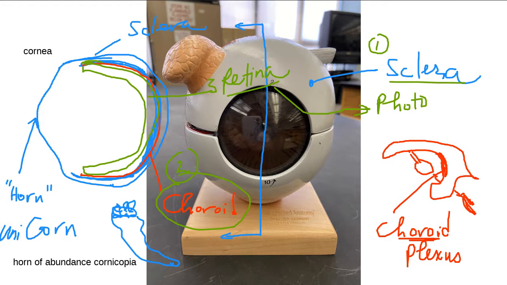Well, they look different. A rod would look like this, and a cone will look like this, they kind of look like a cone. So you have rods, cone, rods, cone, rods, cone, right?